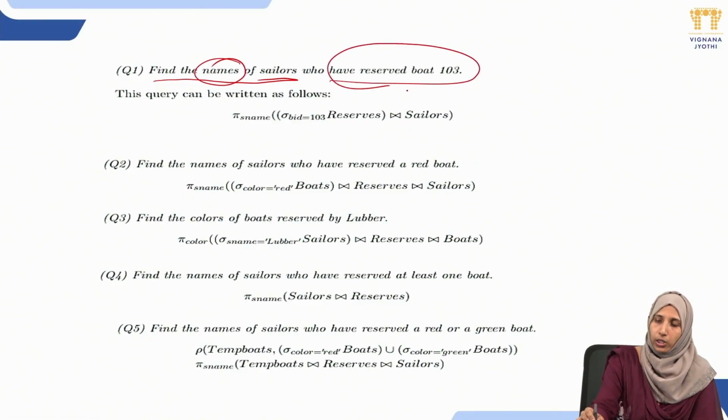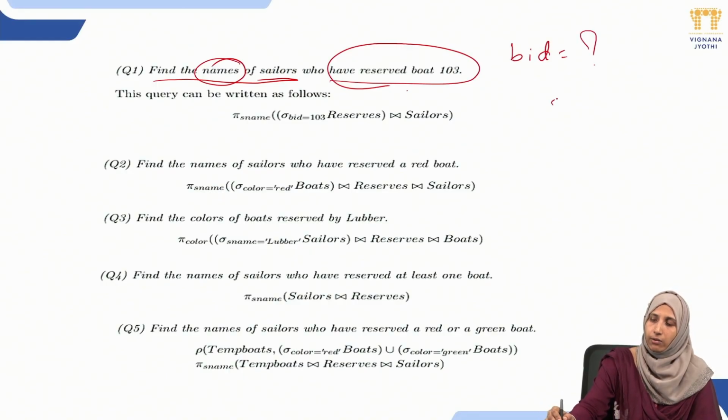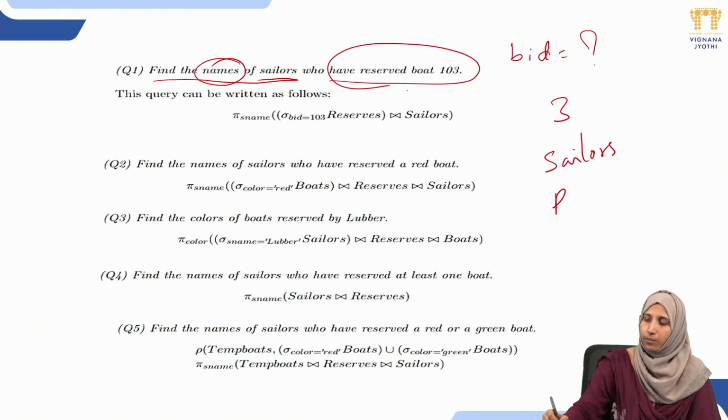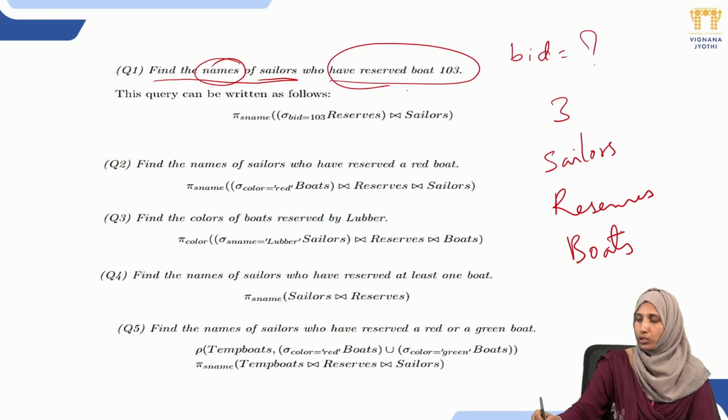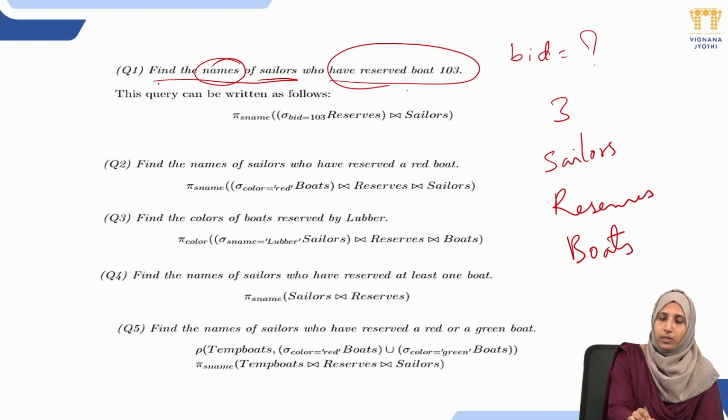Then we have to check in which table the boat number, that is BID, is present. Basically we have three tables: the sailors table, reserves table, and boats table. With the first question, they want us to display the sailor's name.